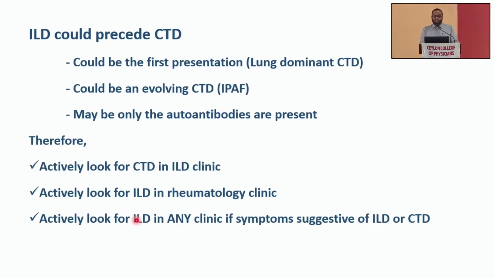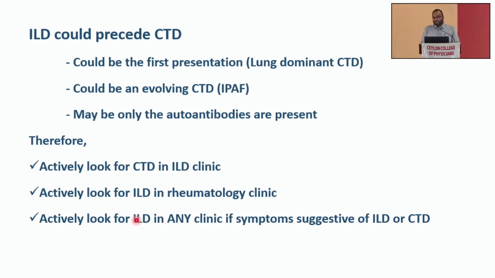This is another thing. This ILD could precede the connective tissue disease. So in some patients, ILD could be the first presentation. We call it lung dominant connective tissue disease. And sometimes it could be an evolving connective tissue disease with features of interstitial lung disease, like interstitial pneumonia with autoimmune features. Later on, the diagnosis might change.